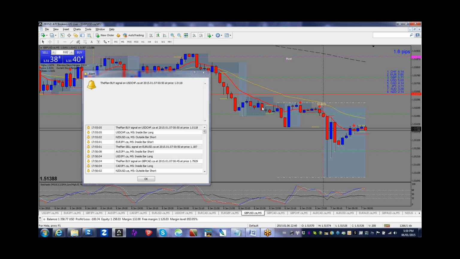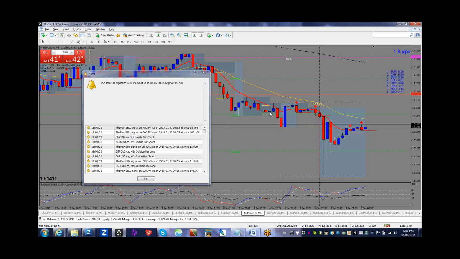Do you see where it says volume down the bottom? That tells you roughly how many people are trading that. You want stuff that's high in volume. The more volume, the more volatility, the better the trade.